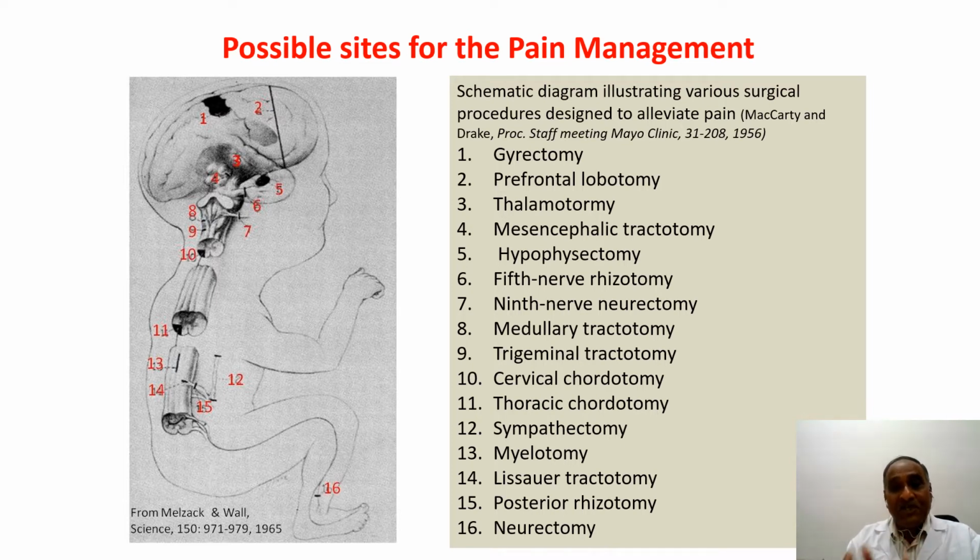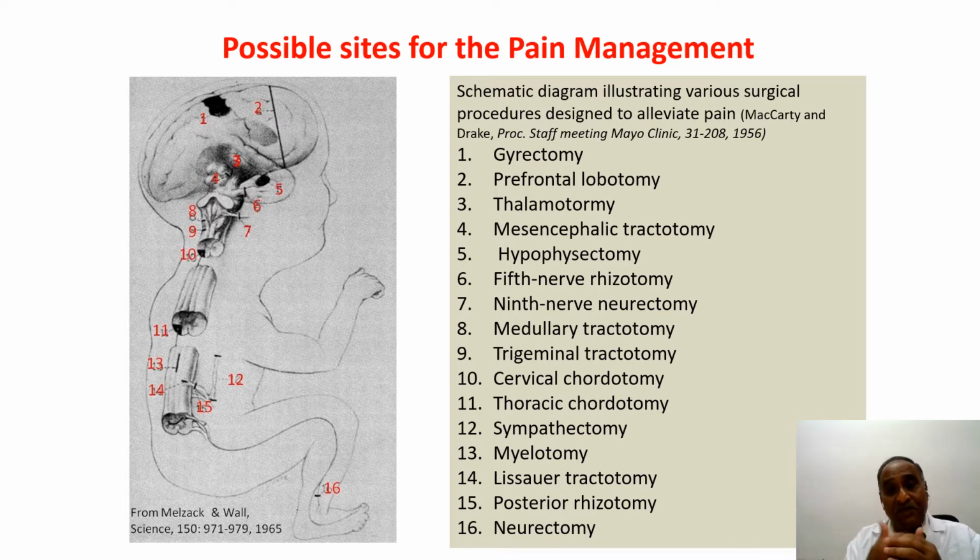Fifth nerve rhizotomy, that means cutting the fifth, in case of trigeminal neuralgia, the fifth nerve root is severed where it enters the nucleus. Similarly, ninth nerve neurectomy. The medullary tractotomy, I have already mentioned, the lateral spinothalamic tract in the medulla is severed.